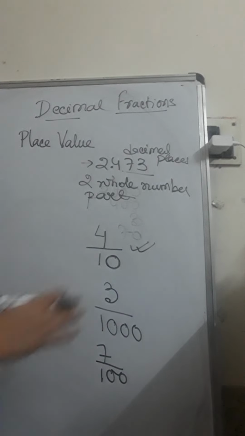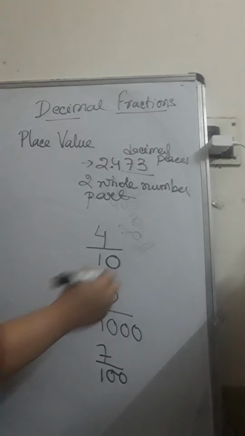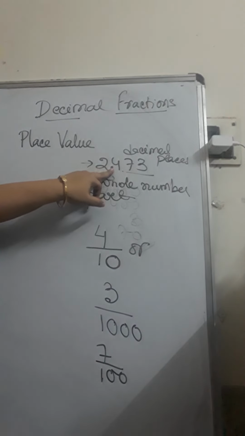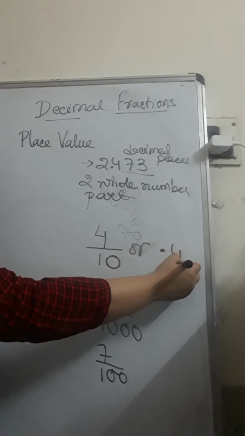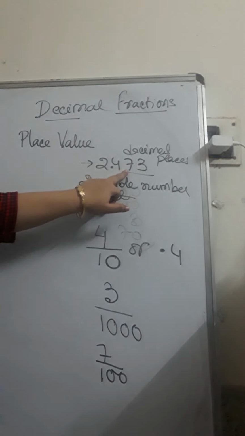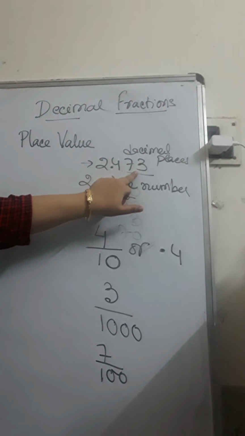These are the place values of the decimal digits, or they can also be written in a different style. See, after the point 4 is coming. So after the point, if a digit comes first, it remains the same, so 0.4 is the place value. What is the place value of 7? After the point, you have to cross one digit to get to 7.